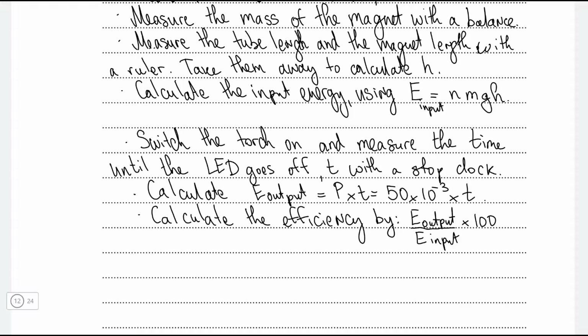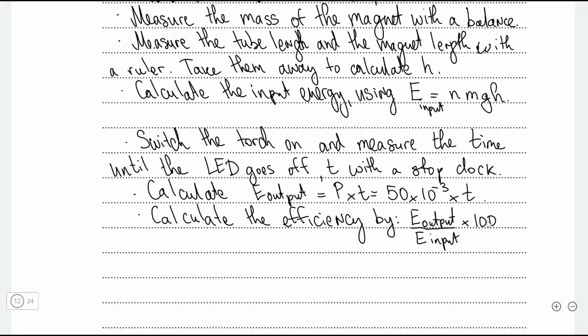Afterwards, we're going to calculate the output energy simply by using power multiplied by time, where t is the time that we've measured. Remember, we're given the power of the LED, which is 50 milliwatts, so it's going to be 50 times 10 to the power minus 3 multiplied by that time. We're going to calculate the efficiency by the output energy divided by the input energy multiplied by 100.